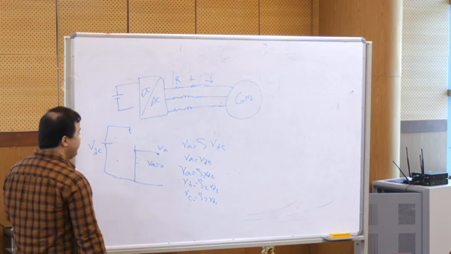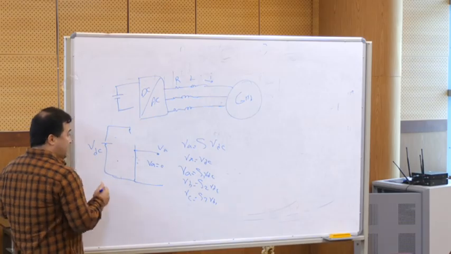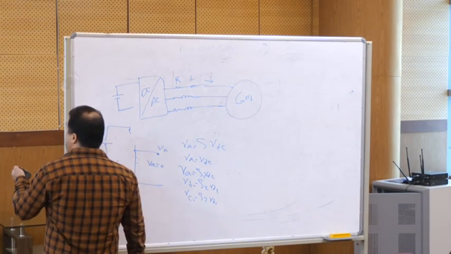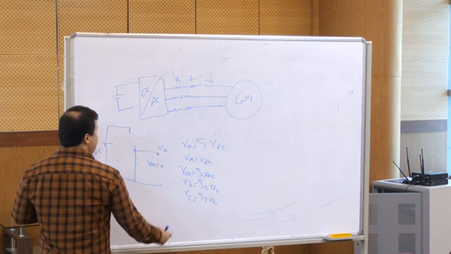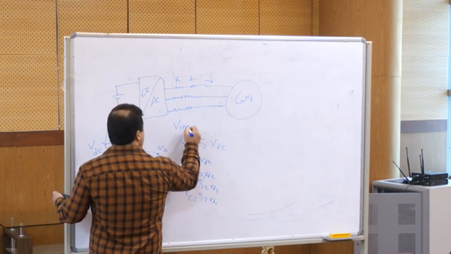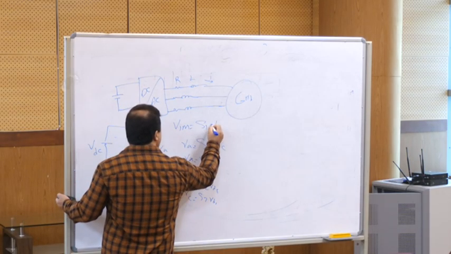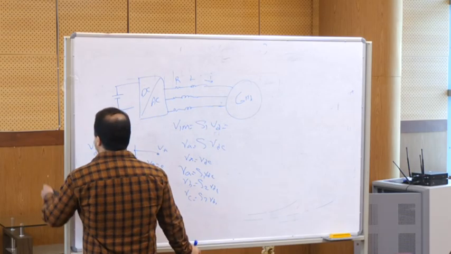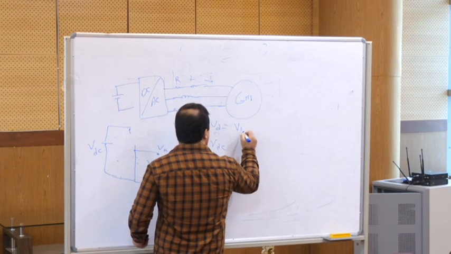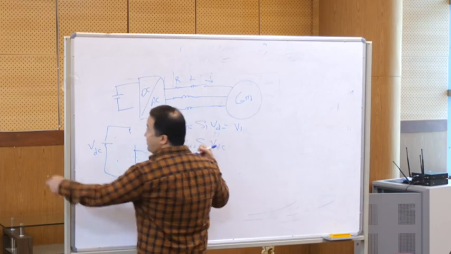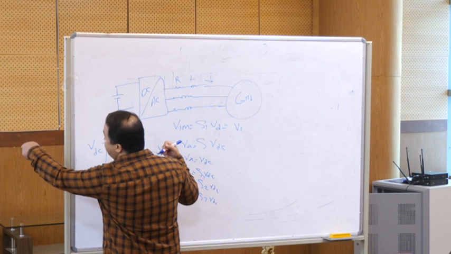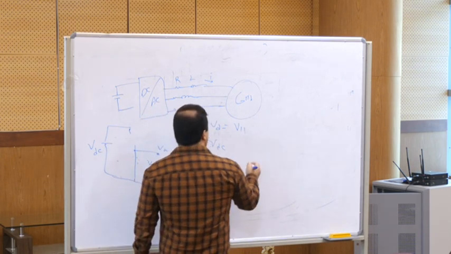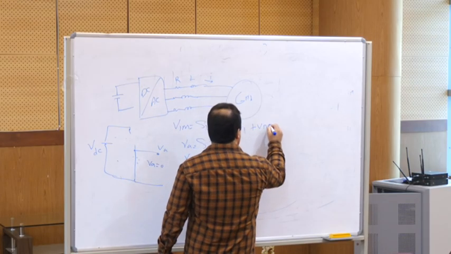In fact, we mentioned that the leg voltage, this voltage V1M, which is S1 VDC, is equal to the voltage of the phase V1, from here to here, we call it V1K or whatever you want, plus VNM.